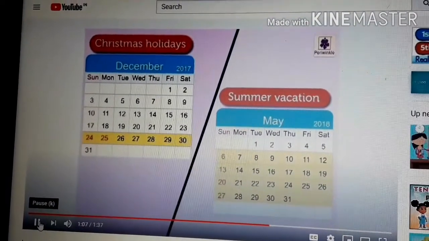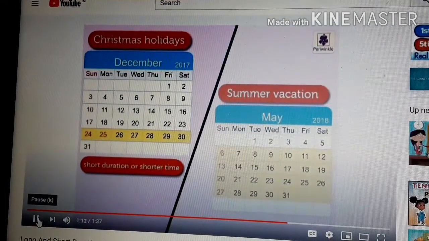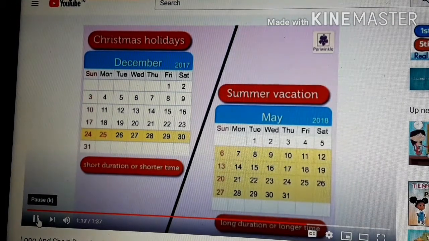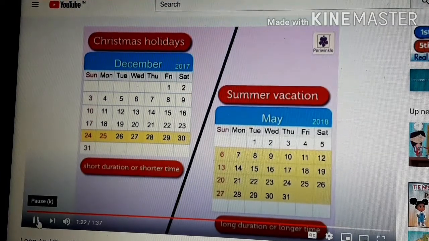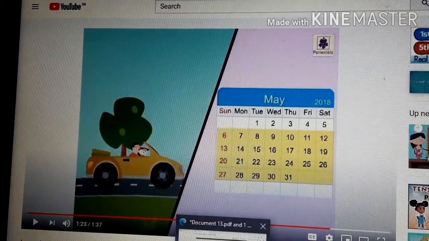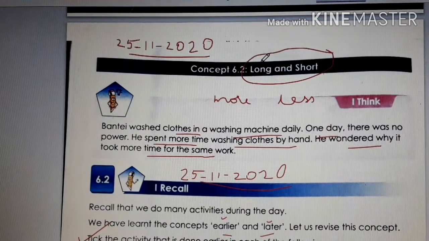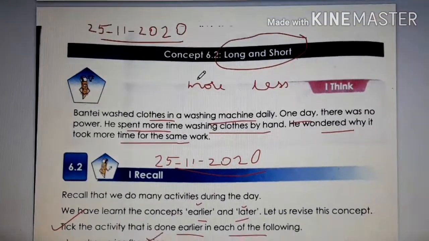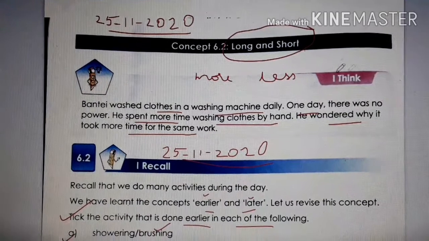It means the school remained closed for a short duration or shorter time for Christmas holidays, and for a long duration or longer time for summer vacation. Have you understood, children? More time and less time, or short time or long time? Long duration means the work which takes more time, and short duration means the work which takes less time. Okay?